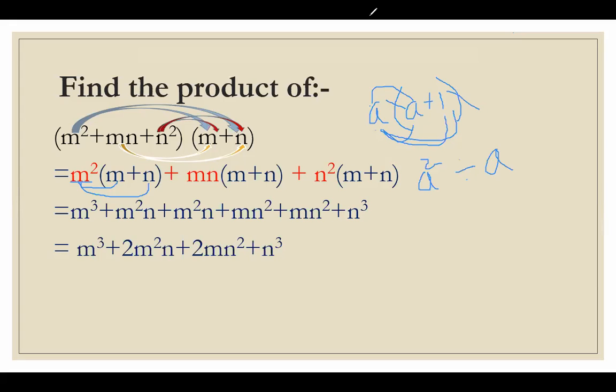Now the next question is by Hania. Hania, when n is going to be multiplied with n, we know that in multiplication, when bases are same, power will be added. Here the power is 1, so we get n power 1 plus 1, so we get n square.